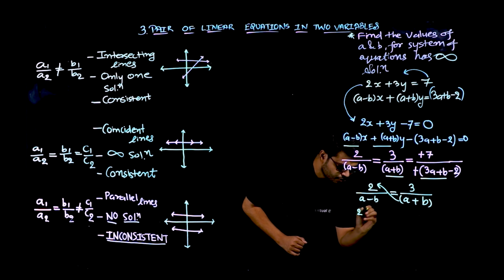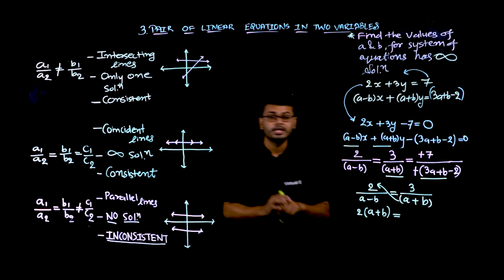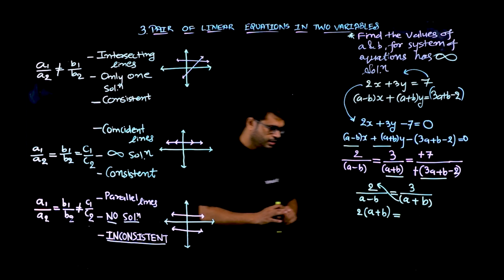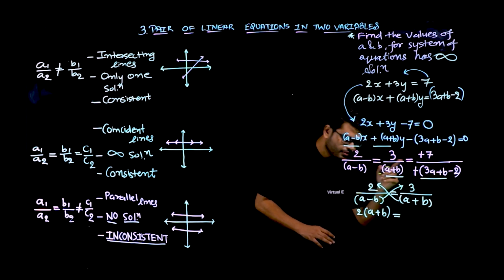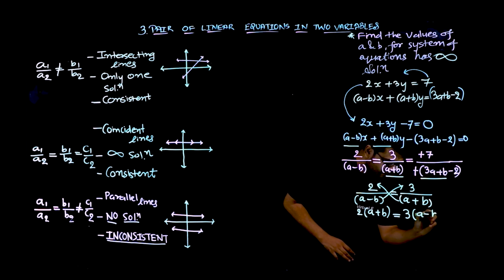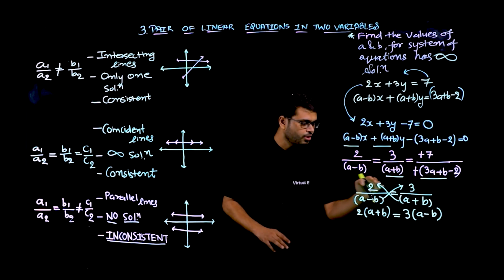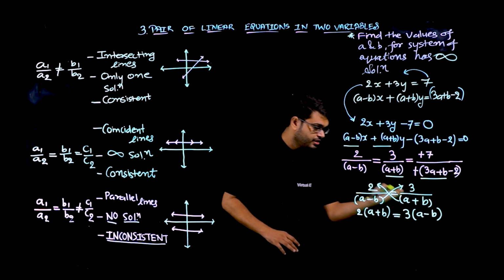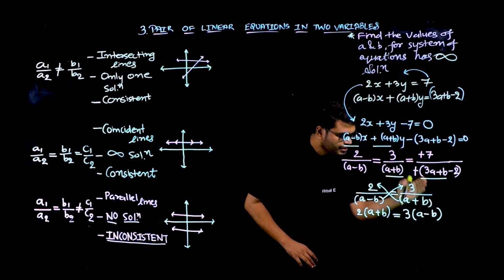So I am writing 2 into bracket a plus b, right? Equal to sign as it is. Now same I will do here as well. This whole denominator I will be multiplying with 3. So 3 into a minus b. Clear up to this? We have cross multiplied this. This denominator multiplied with 2 and this denominator is multiplied with 3.